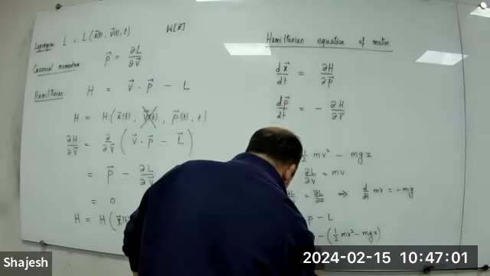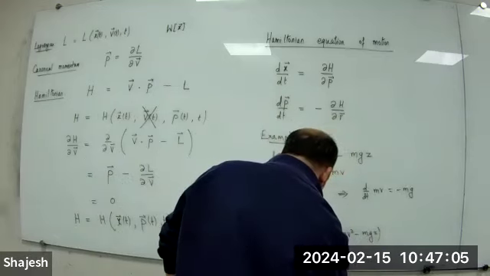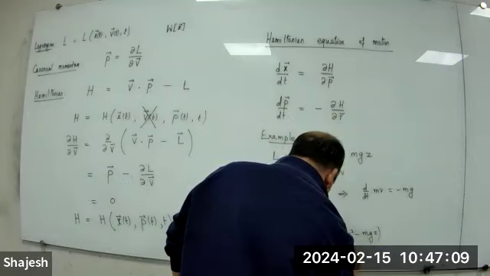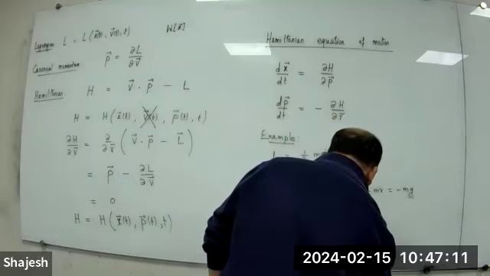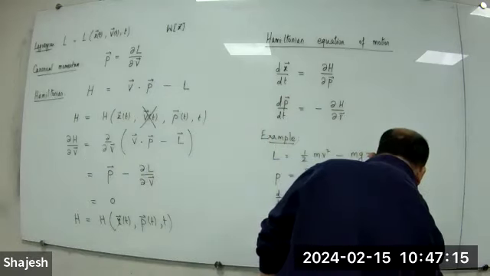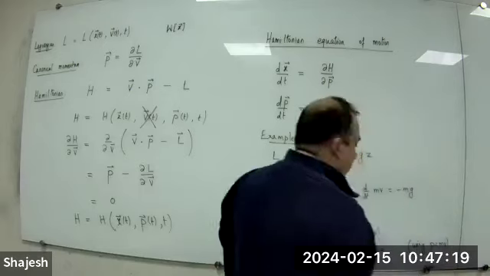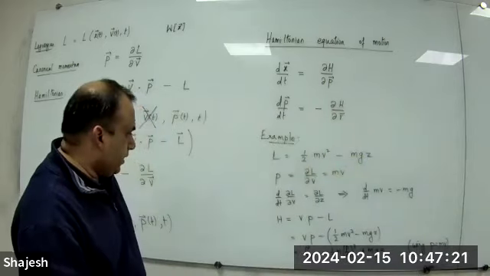So that's p squared over m minus 1 by 2 m times (p over m) squared plus mgz, using the definition of p equal to mv, the canonical momentum definition.